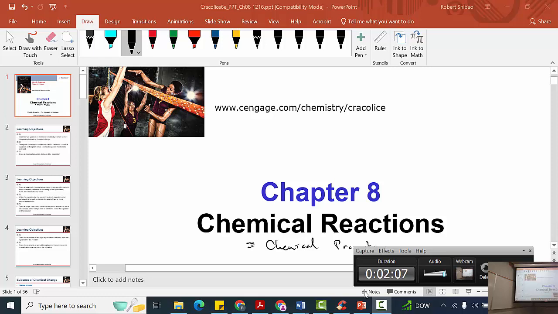What is distillation? Distillation is a physical property. It's a physical separation technique. Distillation is used to purify water. And so, how about a chemical property of water?